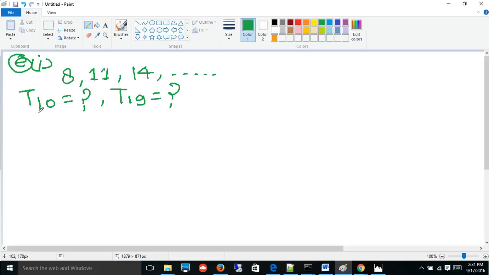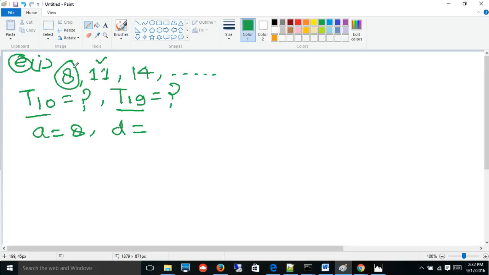So these two things we have to calculate. This is the same as the previous question, but in the previous question A and D were given, and here they have given the series. So we will calculate the value of A. It is very simple. A is nothing but the first term in the series. So we will get A as 8.